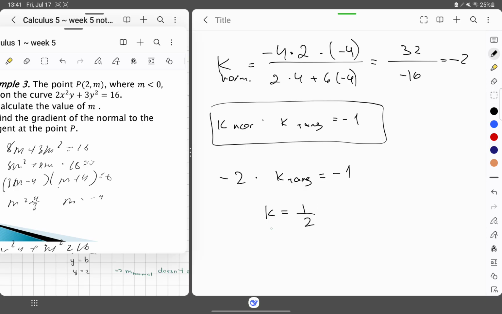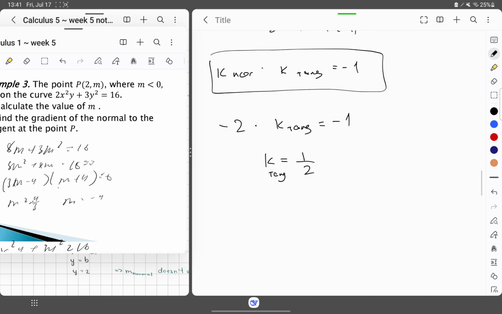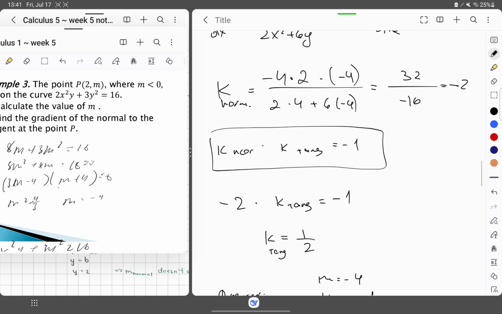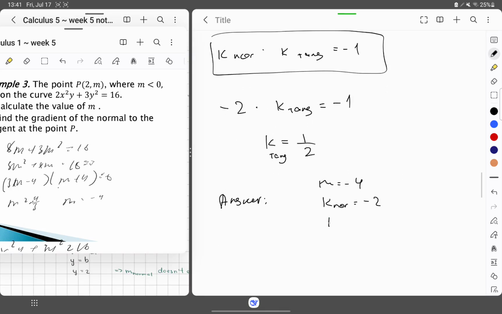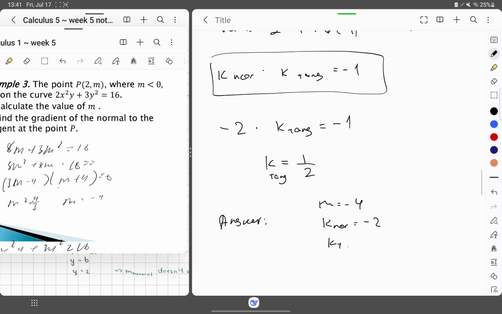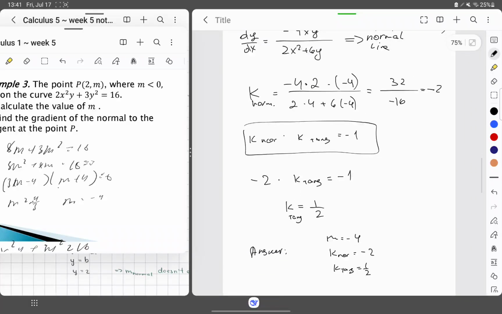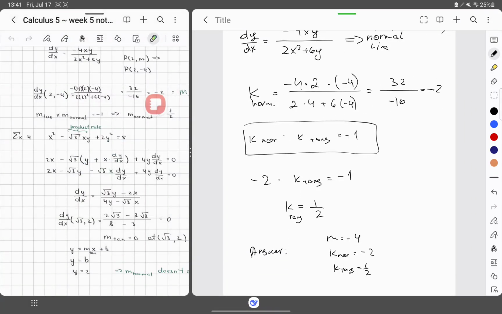So it is our k tangential. We found that the answer is m is negative 4, k normal is negative 2, k tangential 1 over 2, and the gradient, okay, we found it. So that's our function.